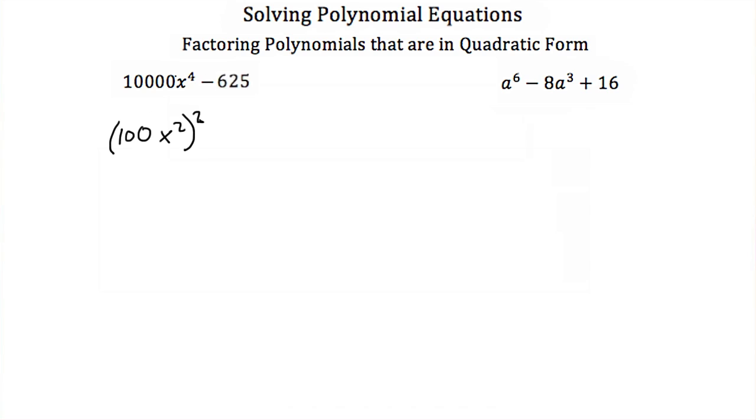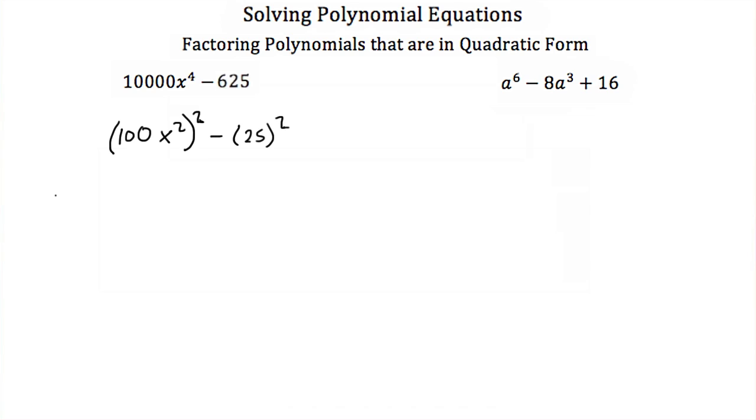So even though this isn't a quadratic, we can make it look like a quadratic by just moving this 2 exponent out. Same thing with the 625. 625 is just 25 squared. So now you can see that we have two terms that are squared. We can use our difference of two squares identity for our quadratic equations to solve this one.